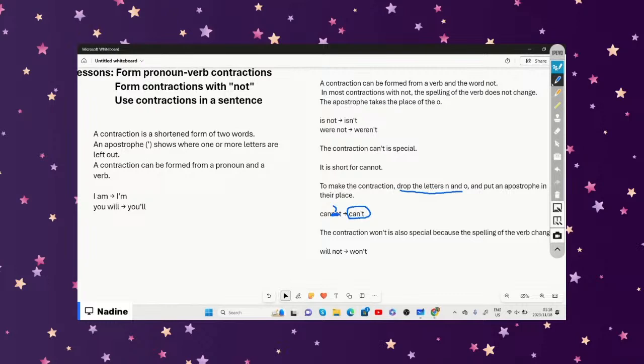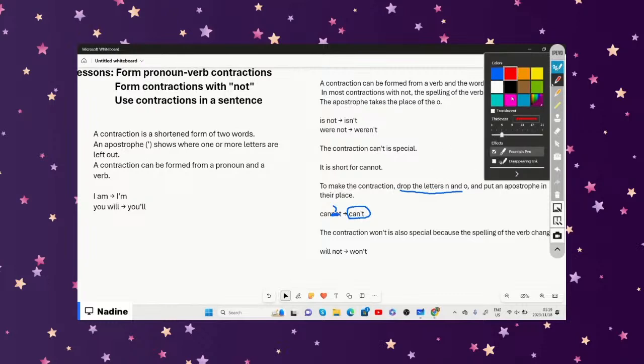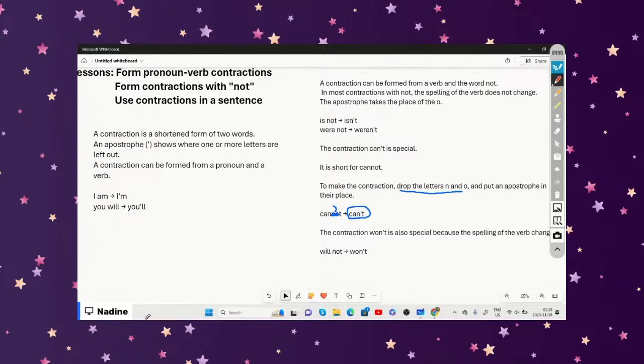Another contraction that is also special is special because the verb changes. The verb changes, right? And that is will not. What makes will not special is the fact that the verb changes.